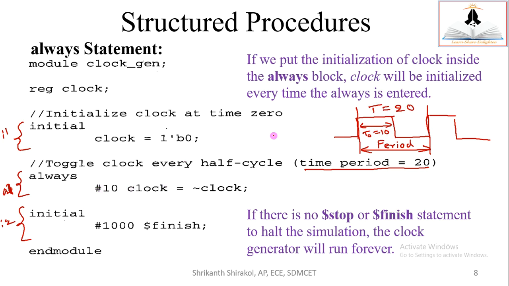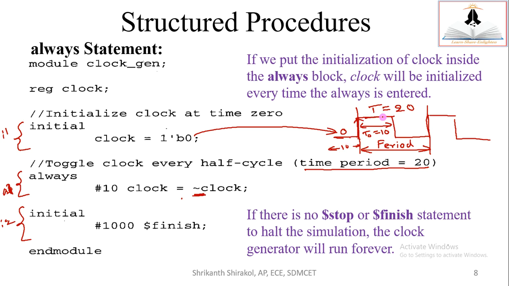So what I do is initially the clock is set to 0. After 10 time units, the clock is getting inverted. Clock is getting inverted means when it is 0, after 10 time units, it should invert.